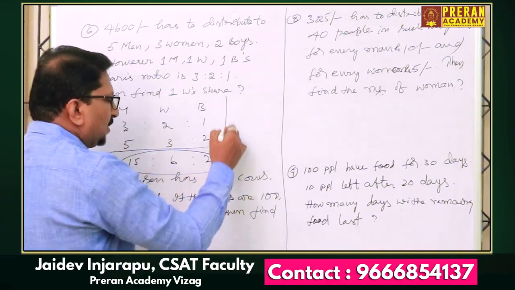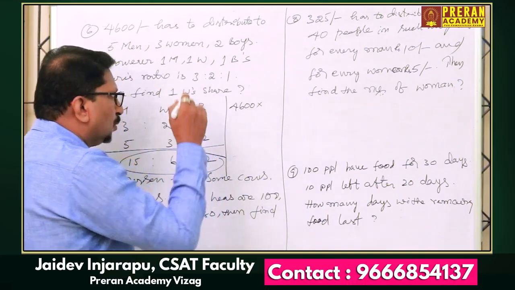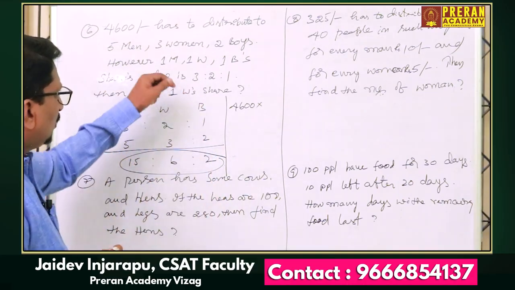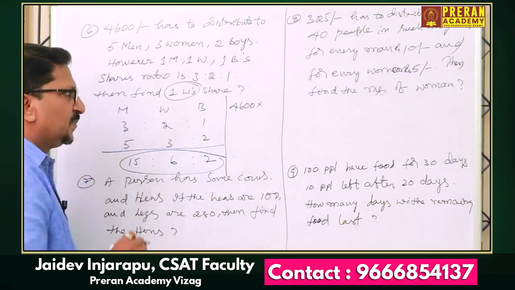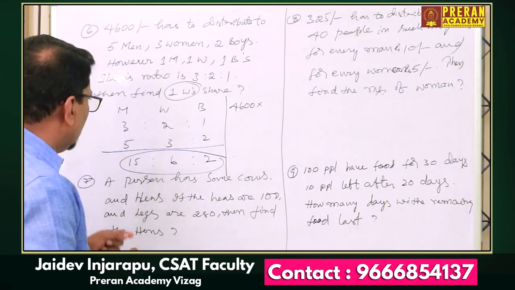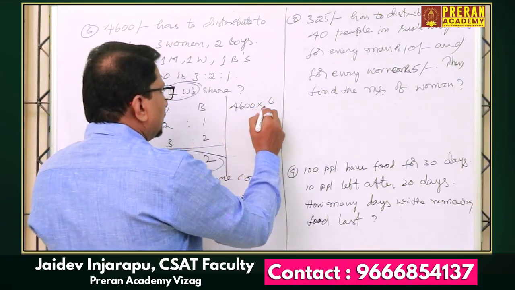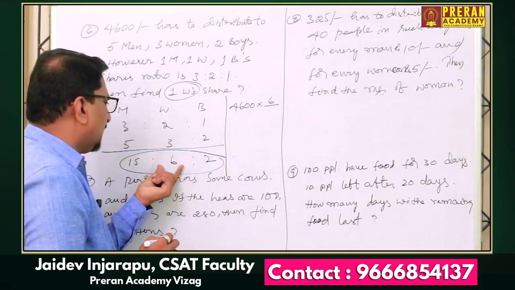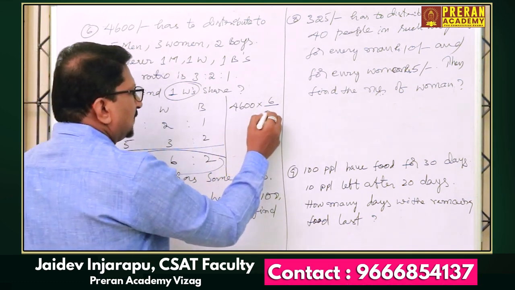What is the given amount? 4,600 rupees into. Now, we have to calculate women's share, right? How many parts are there for women? 6 parts. So, 6 by total number of parts. So, 15 plus 6 plus 2, 23.